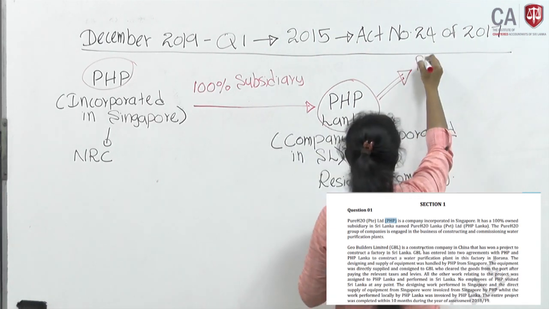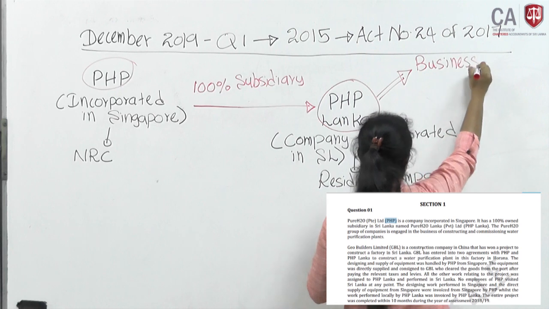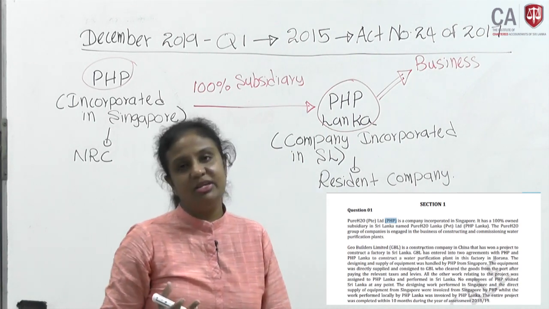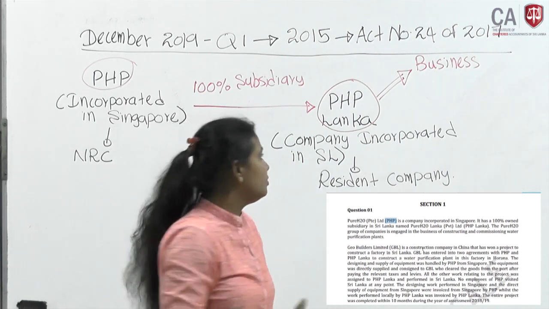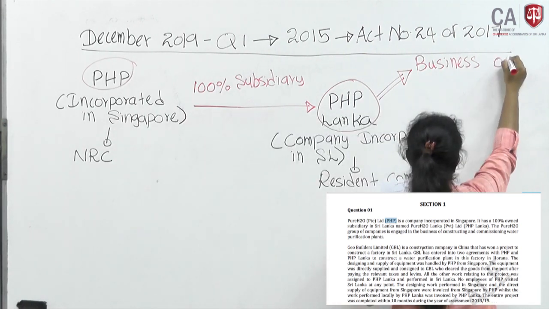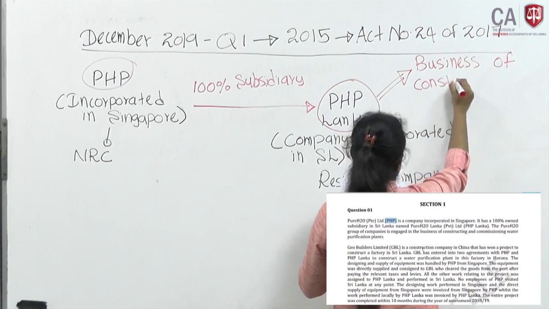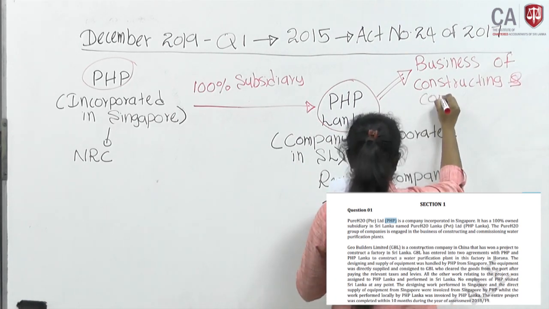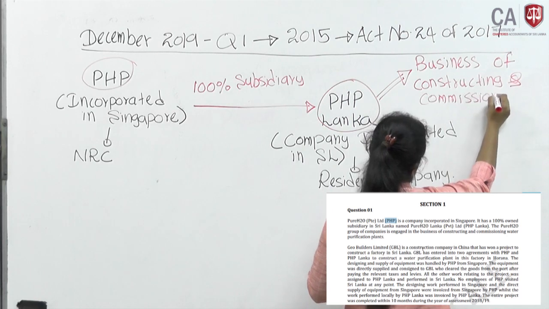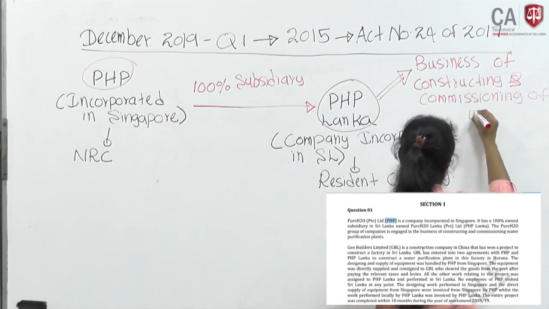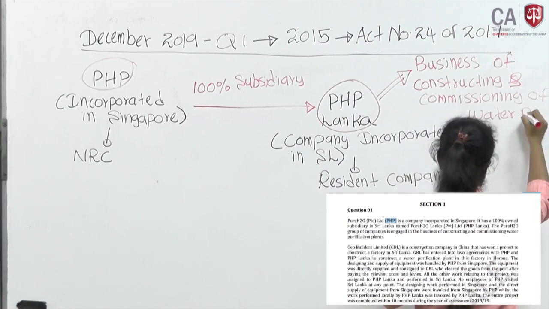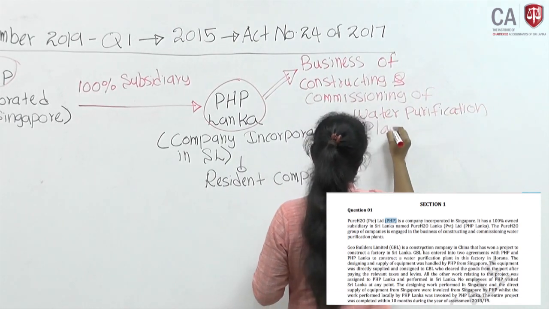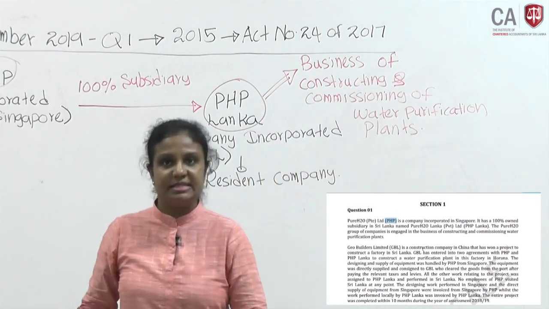It is very important to know the principal business activity in every question, but here it's more important. It is the business of constructing and commissioning of water purification plants. This is their principal business activity.